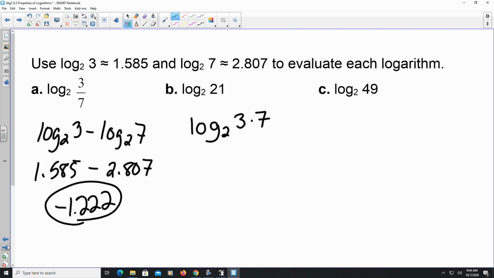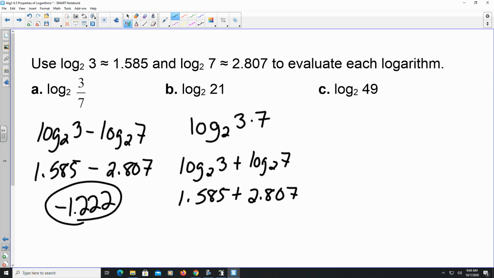That helps because now I can expand the logarithm as log base 2 of 3 plus log base 2 of 7, and I have values for those. So this is 1.585 plus 2.807. Adding those together, I get 4.392.